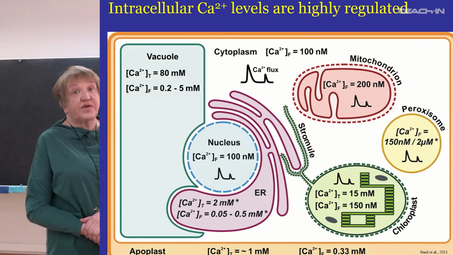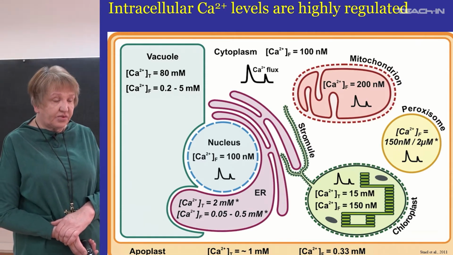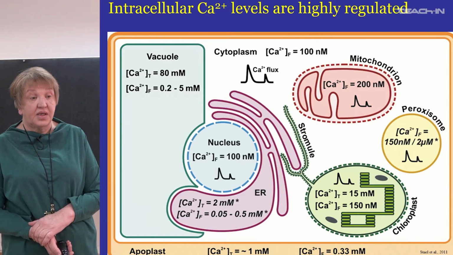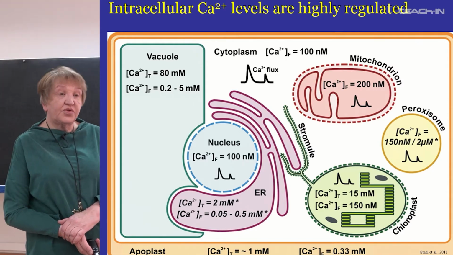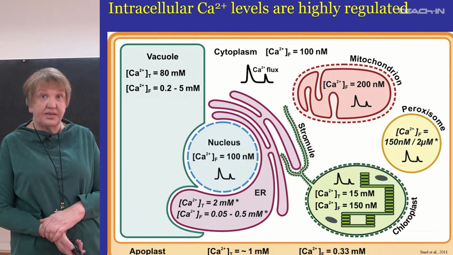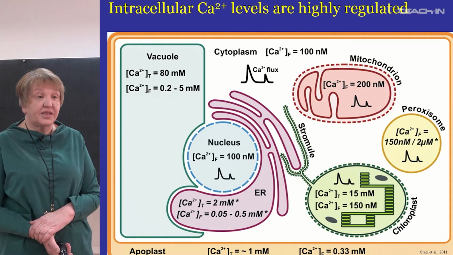The concentration of calcium in the ER is actually higher. It's maybe as high as 0.5 millimolar. So you see there are stores of calcium outside the cell and inside the cell.